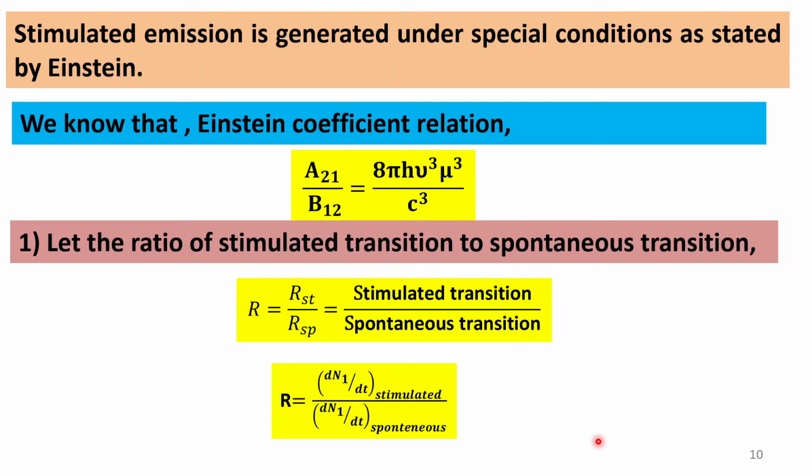So we can write R is equal to dN1 by dt, that is the rate of change of the population of the energy level N1 in the stimulated condition, to the rate of change of the population N1, dN1 by dt, in the spontaneous process.